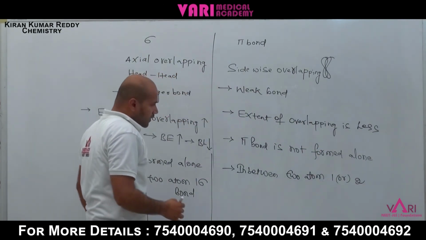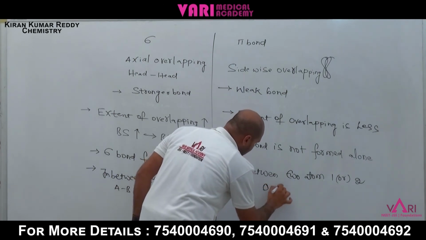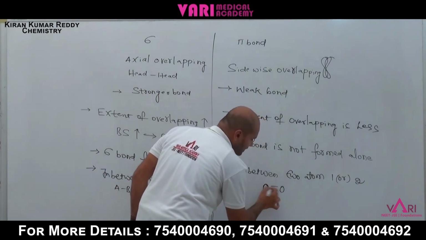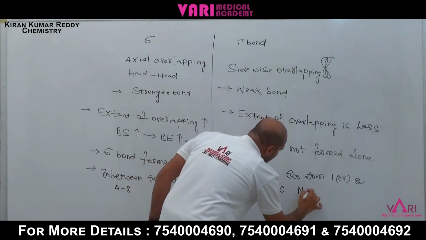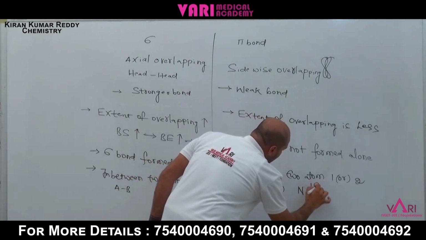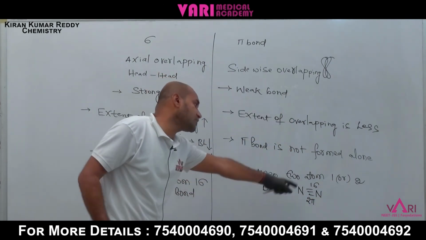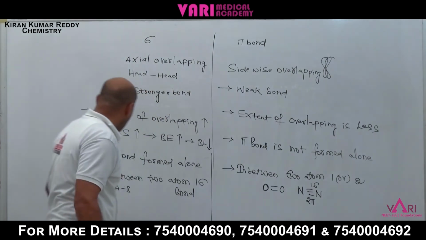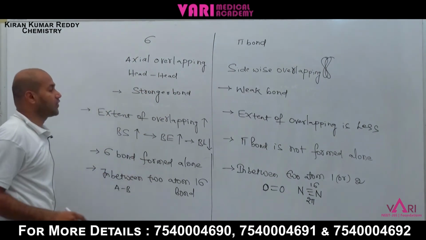For example, if you take oxygen, two atoms: one sigma bond, one pi bond. Here is nitrogen and nitrogen: one sigma bond, two pi bonds. Between two atoms, one or two pi bonds are possible, but sigma bond between two atoms, only one is formed.